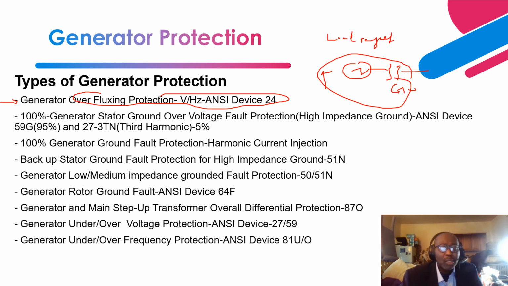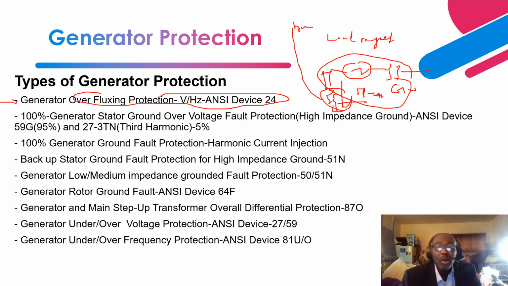Okay, so the next protection element is stator ground, right? This is a high impedance grounding scheme, where you have a single phase distribution transformer that is utilized as a high impedance element to limit the ground fault to, let's say, 10 amps to 25 amps, right?